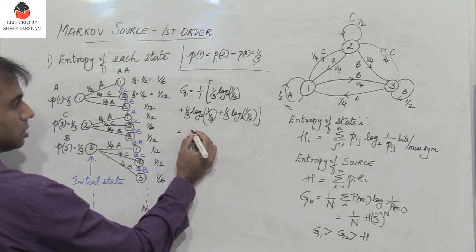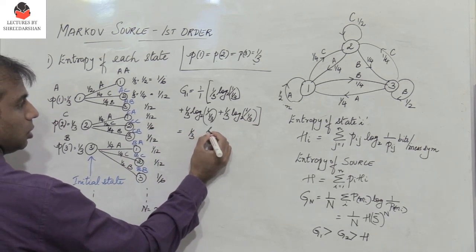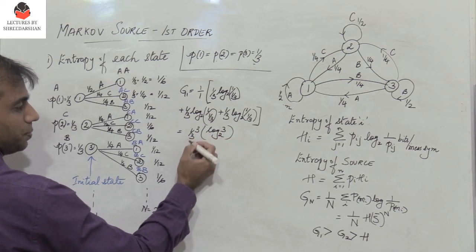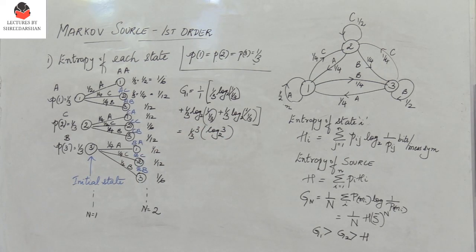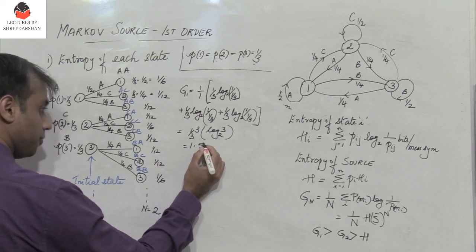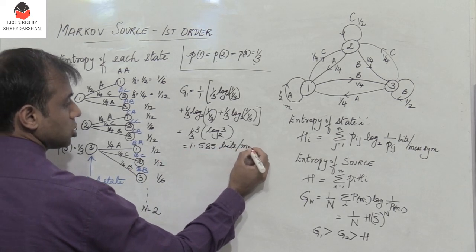So I get 1 by 3 log 3 to base 2, and I have 3 of them. So it is essentially log 3 to base 2, which would be 1.585 bits per message symbol.